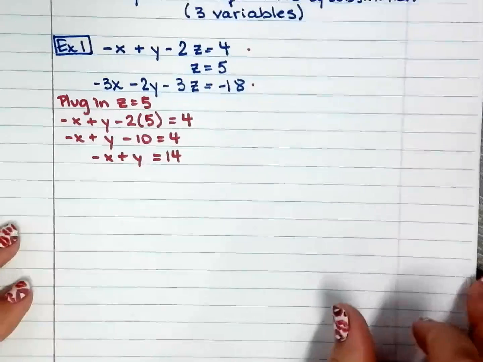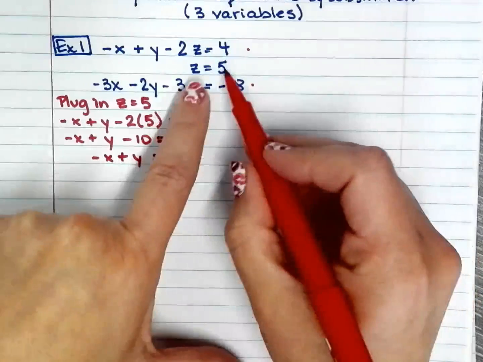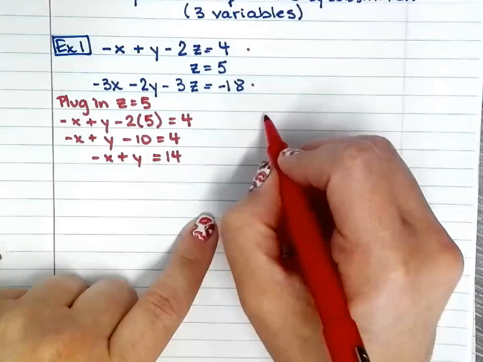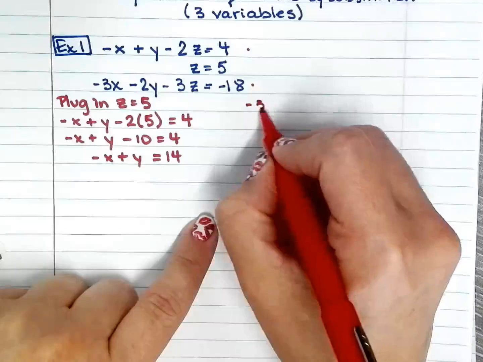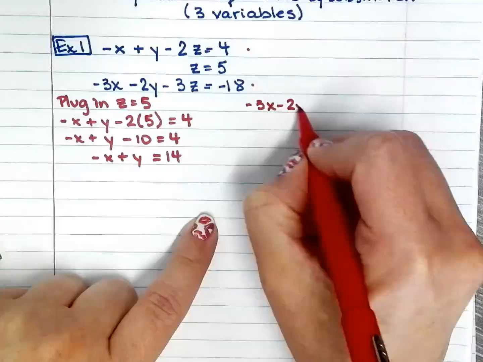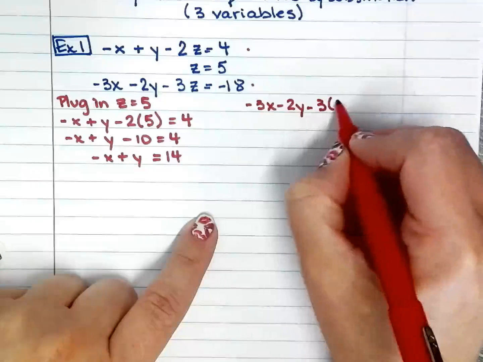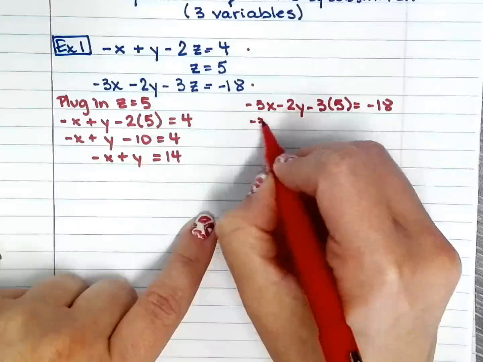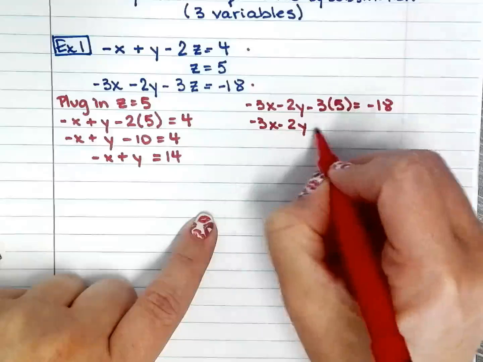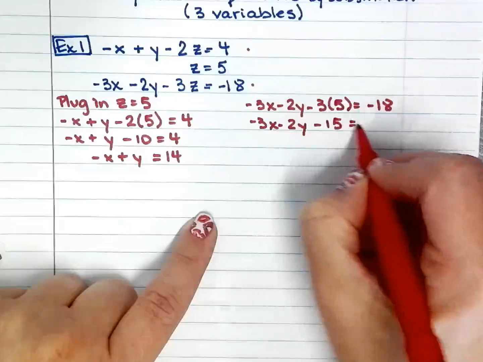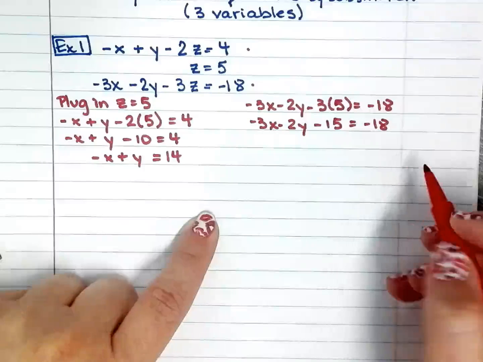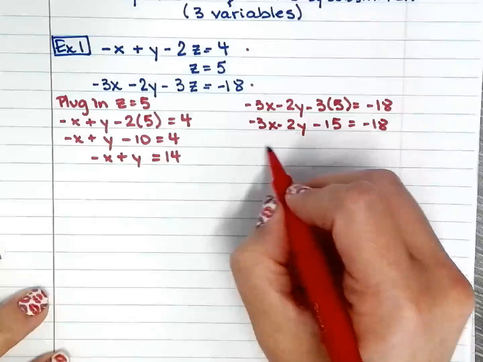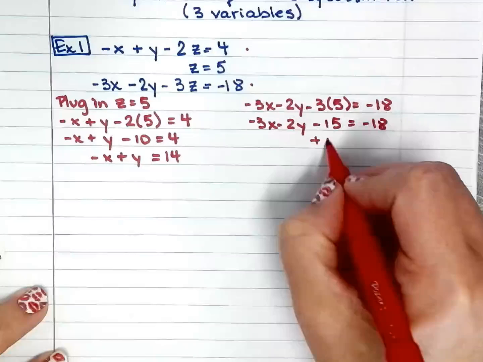Then I'm also plugging in z equals 5 for this equation right here. And I'll rewrite this in standard form by adding 15 to both sides.